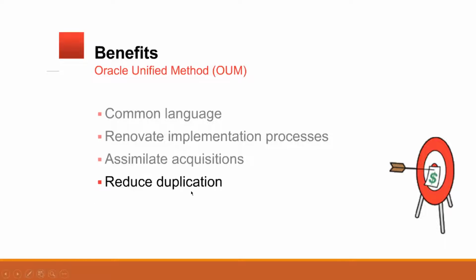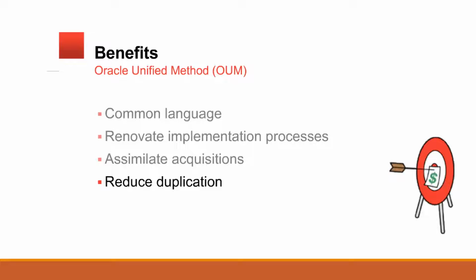Then reduce duplication means, let's say, for example, myself and Mr. Kamath are working on the setups, where I am from SCM and Mr. Kamath is on the AP module. The setups relevant to SCM, I will do, and from there on, he will do the AP module setup.